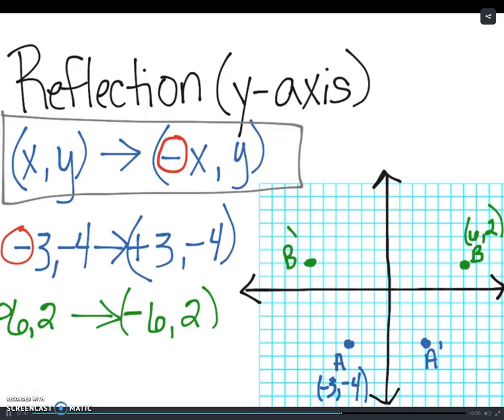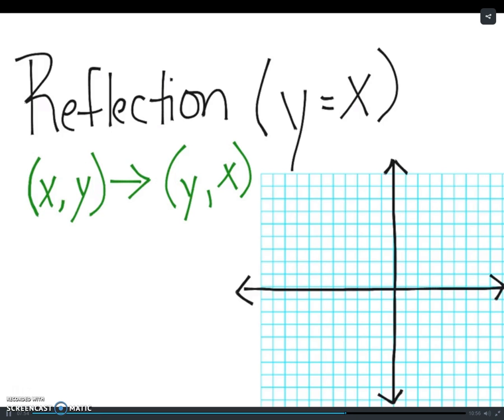Okay. Finally, we're going to look at reflections across the line y = x. And that's right here. So let's have some coordinates. First of all, we would have point A here, and we'll do point B over here. The coordinates of A are (-3, -2).